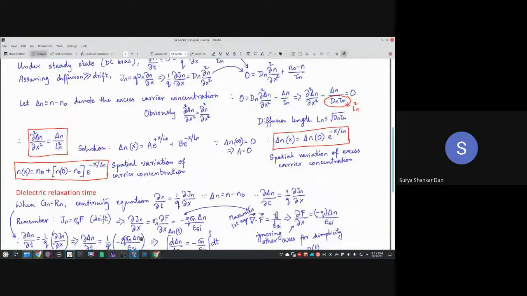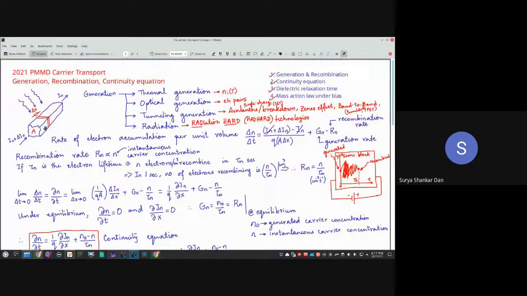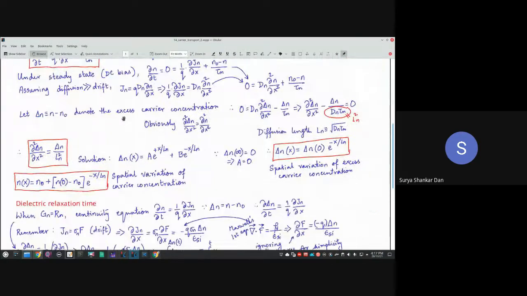Again, discussed in our previous class: since it is a complete semiconductor bar, it is very big, so what is going to happen now? We know that delta n at infinity is always 0, then A is equal to 0. So that was the logic. We only had this e to the power of minus term.